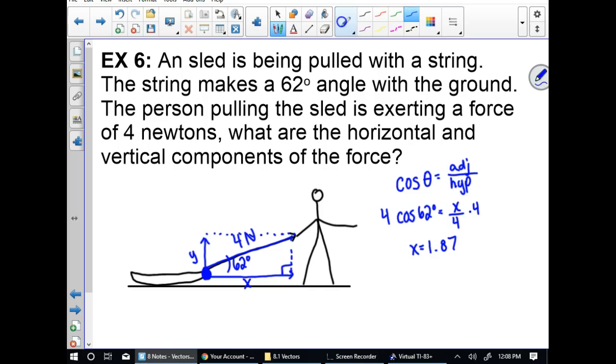I was thinking that was wrong because I was thinking of angles, but this is not an angle, that's newtons. Okay. So the force that is actually pulling the sled is only 1.878 newtons. That's your horizontal force. Basically, any upward force that you have is sort of wasted, because you don't want to lift your sled, assuming you're pulling it along level ground.